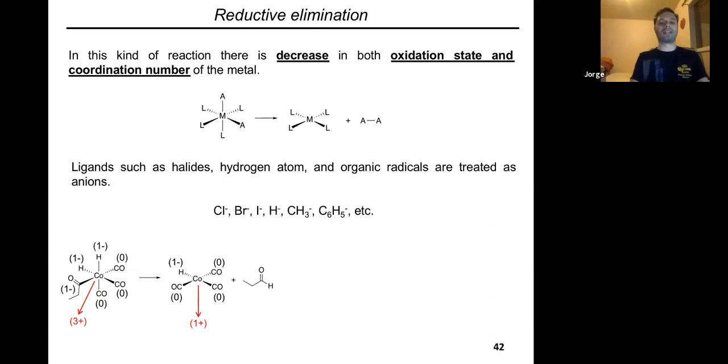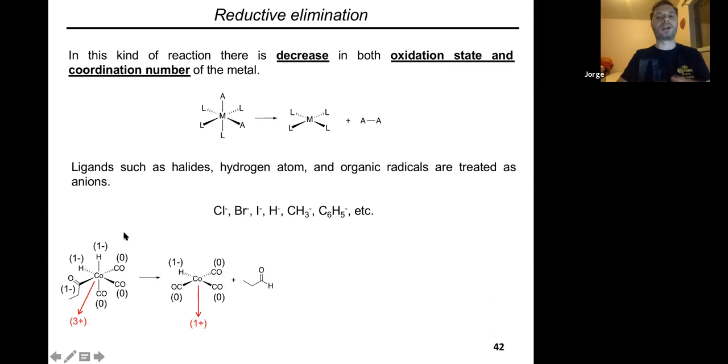So now let's take a look at the reaction. First, there was a decrease in the coordination number from 6 to 4, and also a decrease in the oxidation state from 3 plus to 1 plus. Therefore, this is a reductive elimination.